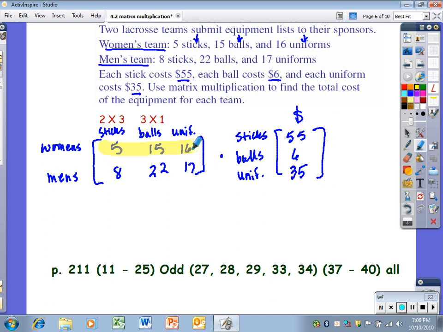So then I am going to take row 1 by column 1. So first let's check our dimensions. Oh, we already did. So we know we're going to get a 2 by 1. 2 rows, 1 column. So then I have 55 times 5 plus 15 times 6 plus 16 times 35.